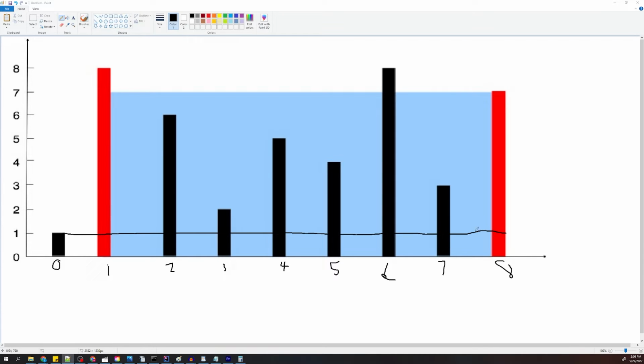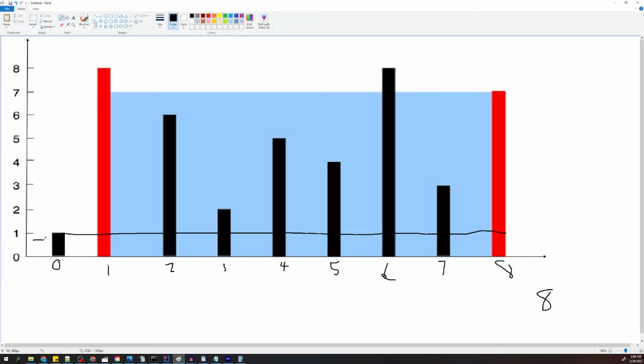Right now the minimum height between these two is array at 0, and we're going to multiply this by the width, this minus this. So it would be 1 times 8, and so this would give us an area of 8.